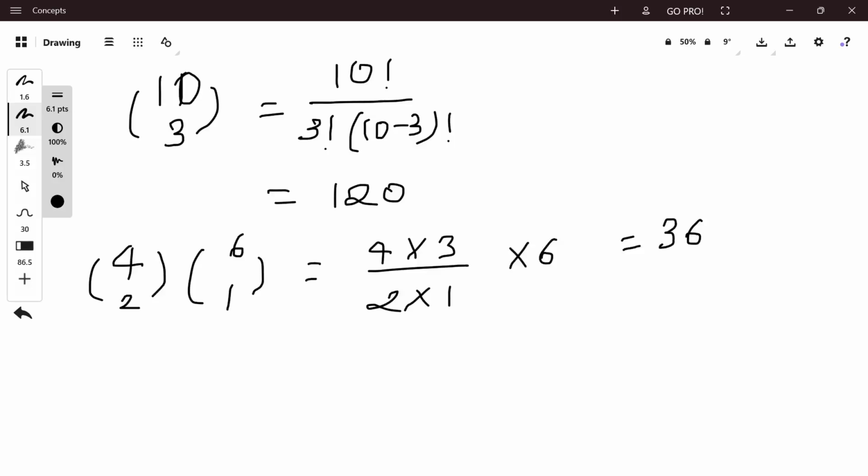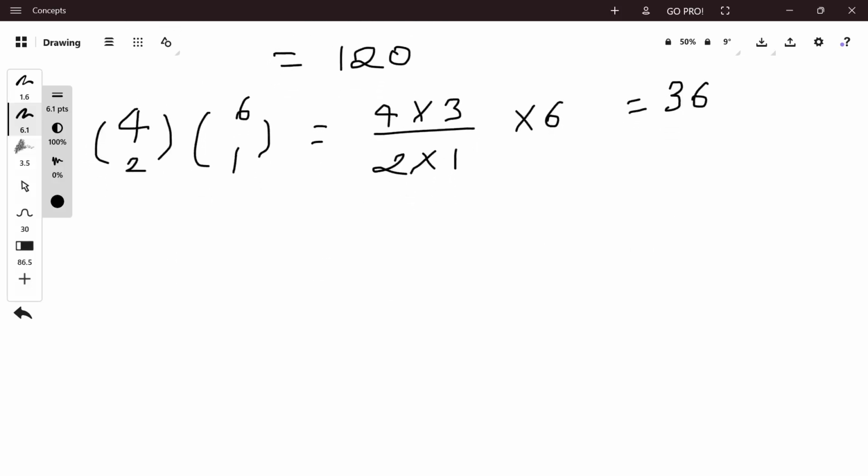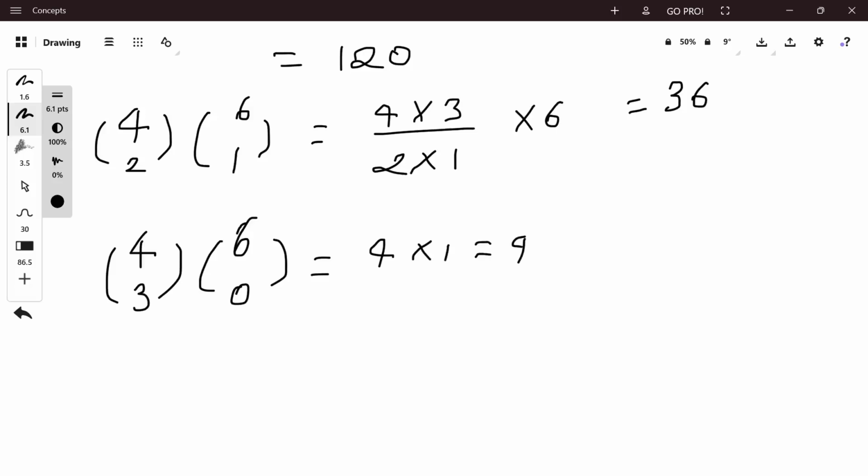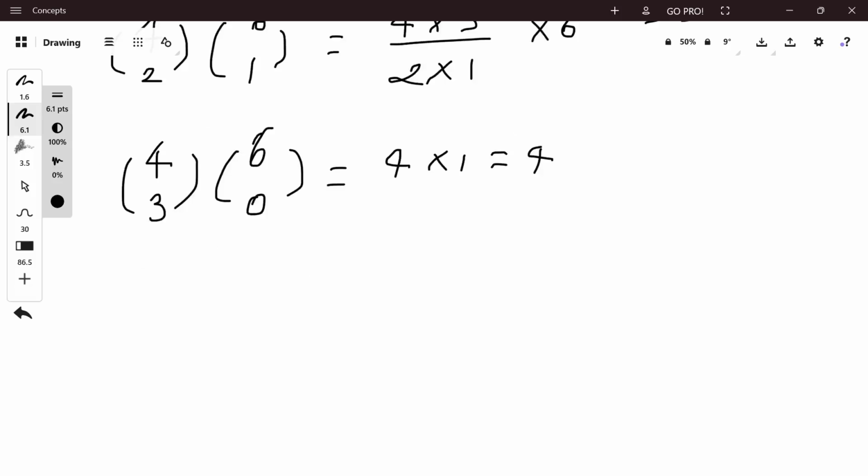The number of ways to choose 3 defective and 0 non-defective is 4C3 and 6C0, which is equal to 4 into 1, which is equal to 4. The total number of favorable outcomes is the sum of the ways to choose exactly 2 or exactly 3 defective bulbs, that is 36 plus 4, which is equal to 40.